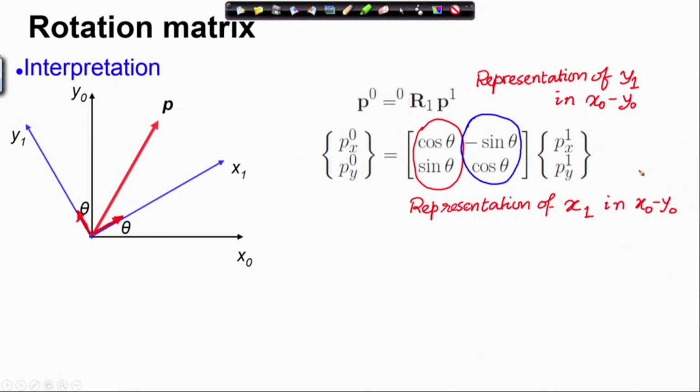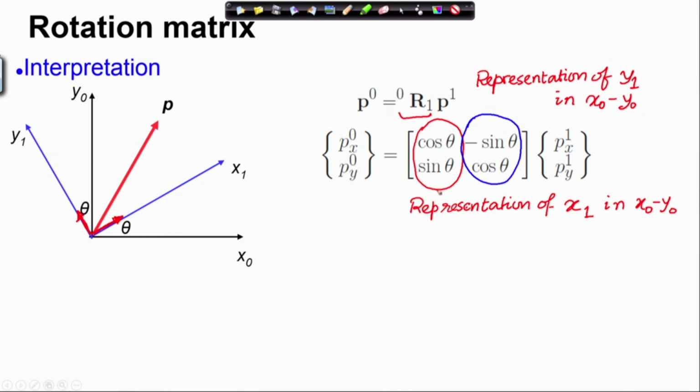Now, if I interpret it this way, then it is very easy to construct the rotation matrix. I need not go through the steps that I have just now shown you. I can directly construct the rotation matrix. Remember that the first column of the rotation matrix that takes me from 1 to 0 is nothing but the representation of the frame x 1 y 1 in x 0 y 0.